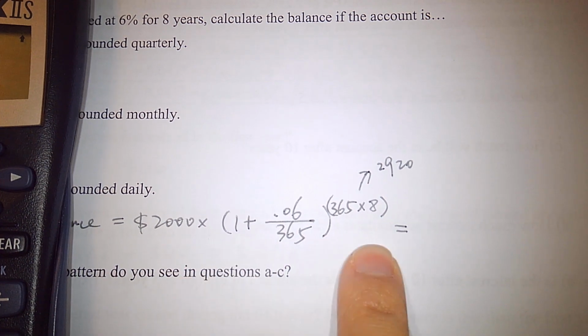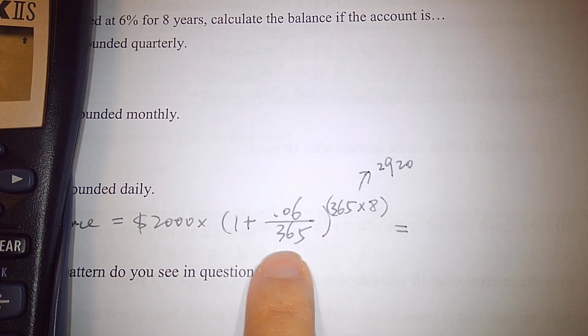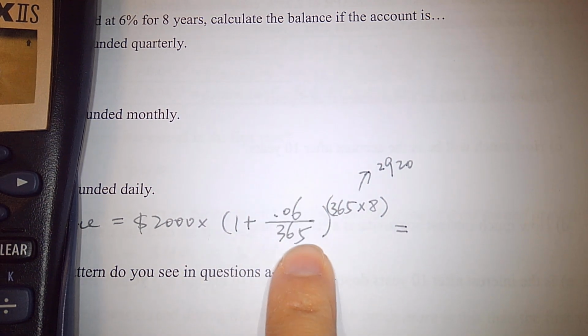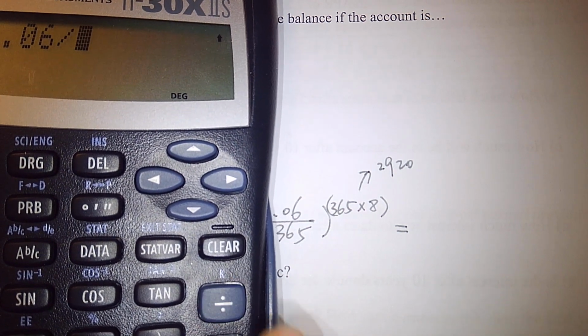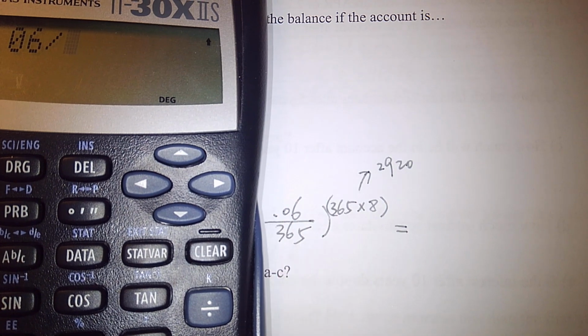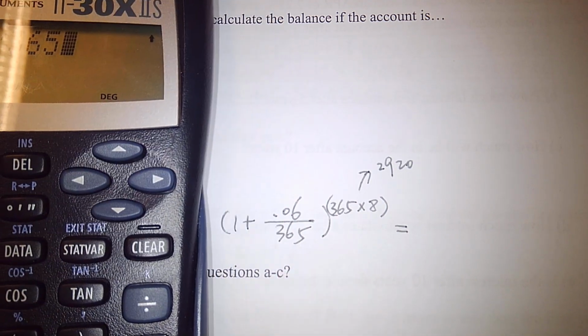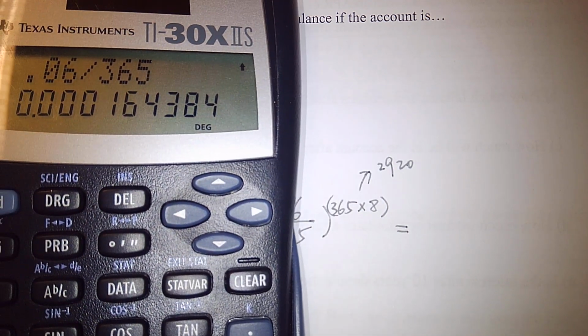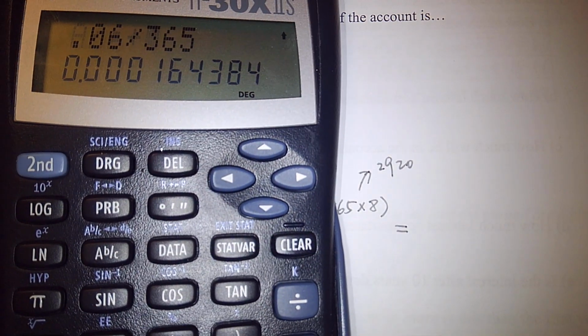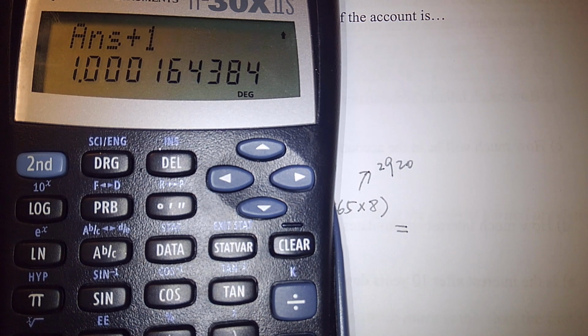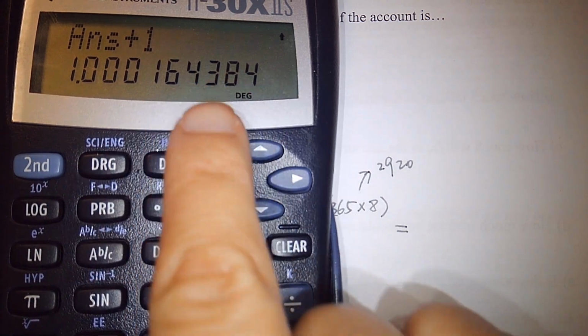Then let's do the entire calculation. All the operations, guys, start from the division. So 0.06 divided by 365. Add 1 to this result. This number we do not round.